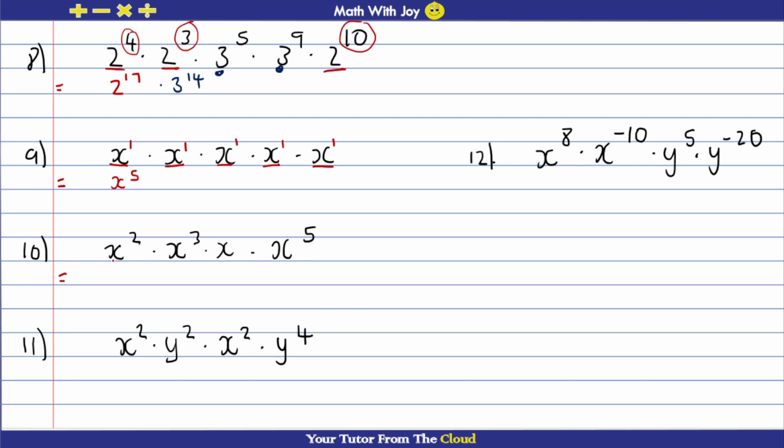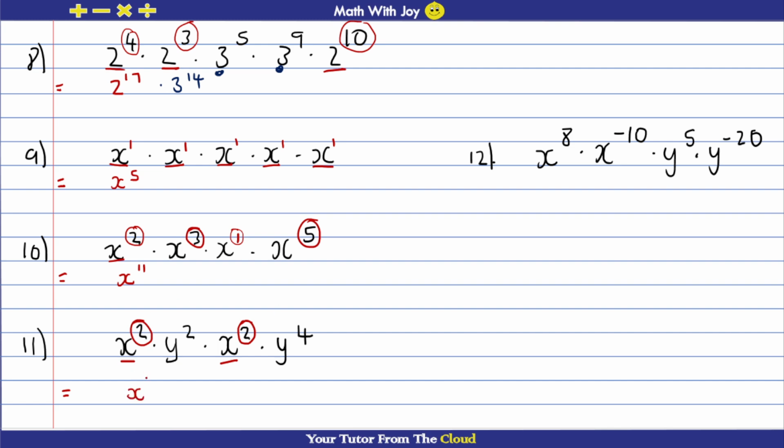And then over here, we have x to the power of 2 times x to the power of 3. We have to add these two. It gives us 5. We have to add the 1. It gives us 6. We have to add the 5. It gives us 11. So this is x to the power of 11. Then over here, the bases of x are still the same and they are multiplying each other, so we just have to add those.